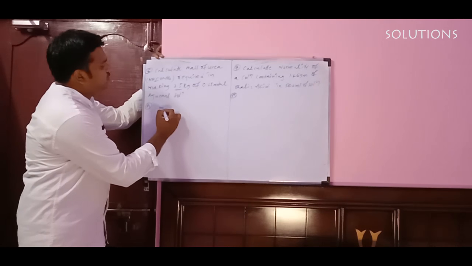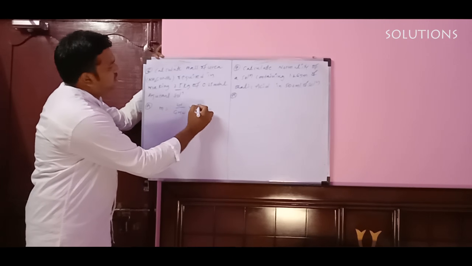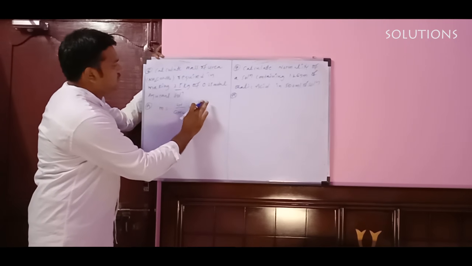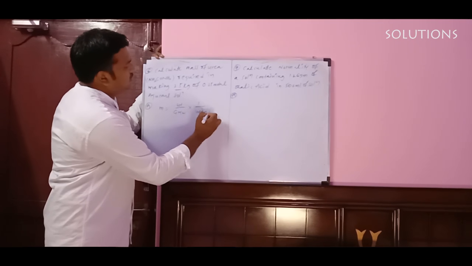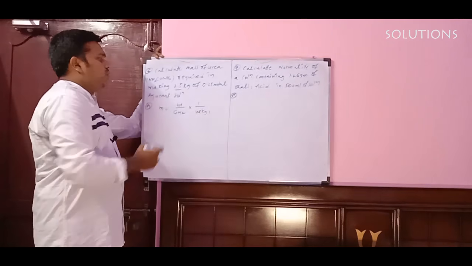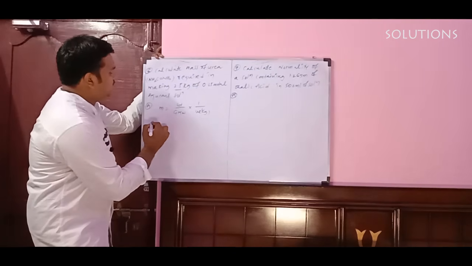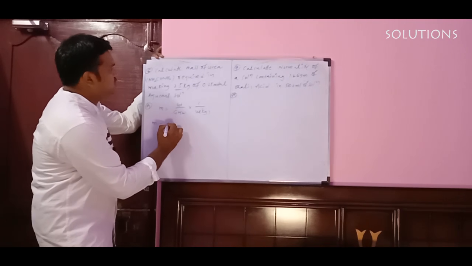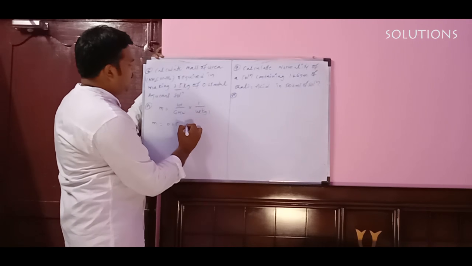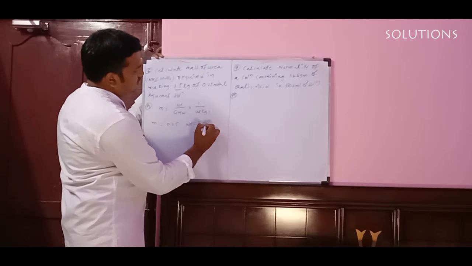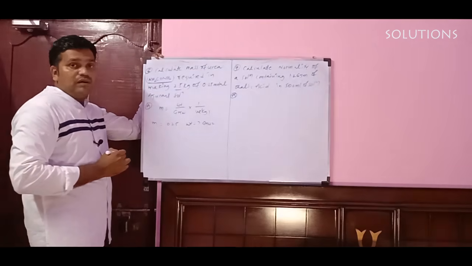You know the formula for molality. Molality is equal to weight by gram molecular weight into 1 by W in kilograms. Why am I writing this? Because they already mentioned the weight of the solvent in kilograms. Molality is 0.25, and we have to find the weight and the gram molecular weight of urea.